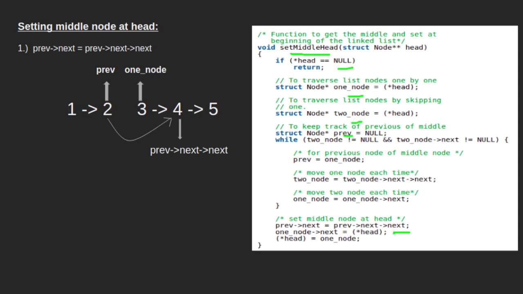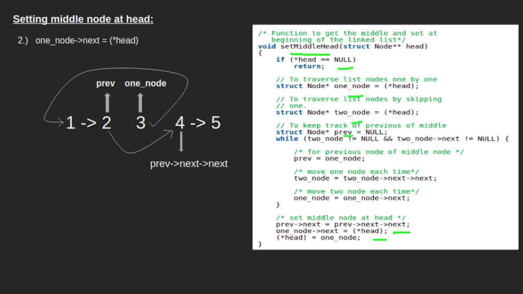After first step, next of 2 will point to 4. Second step is to point next of 1_node to head. After second step, next of 3 will point to 1, and this breaks link between 3 and 4.